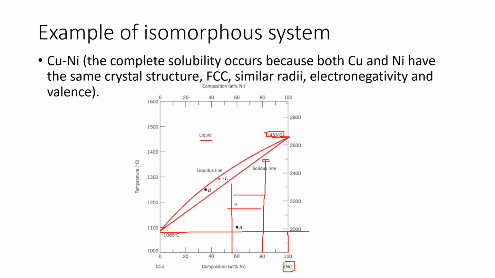Above the liquidus line, both the solutions are converted into liquid solution. But if we cool down the temperature from above to below, so that both the solutions are converted into solid, at different lines we can find out the composition at various points.